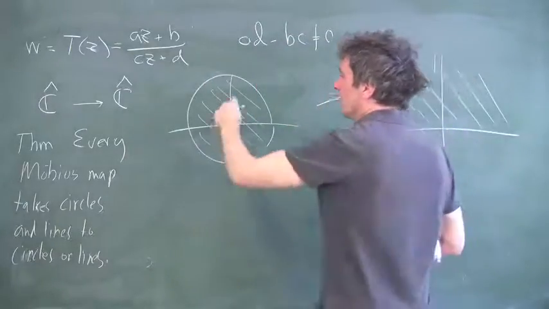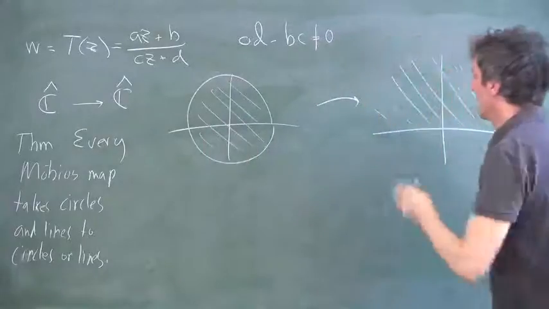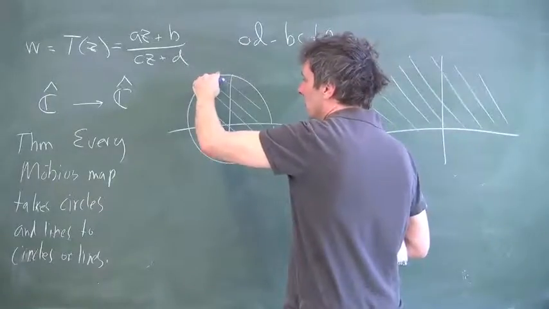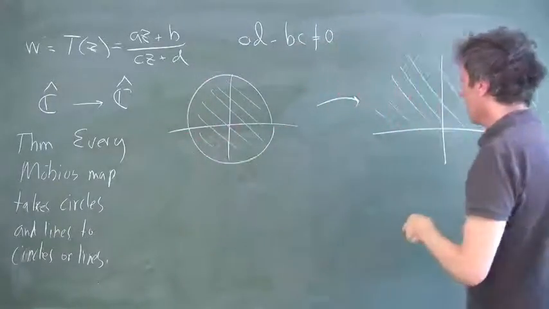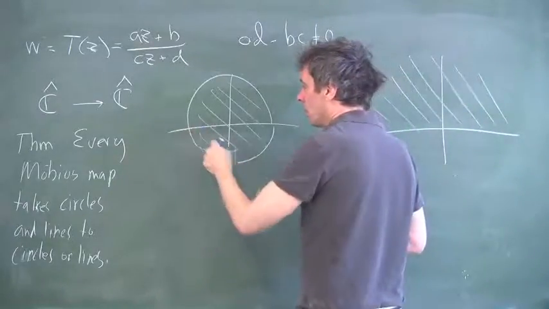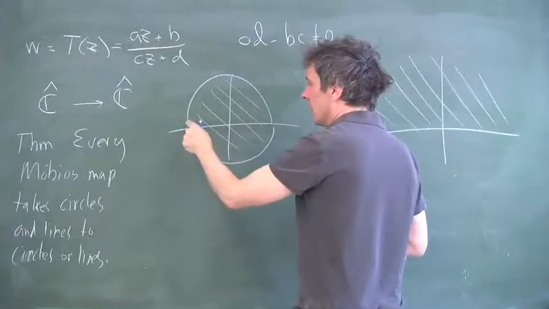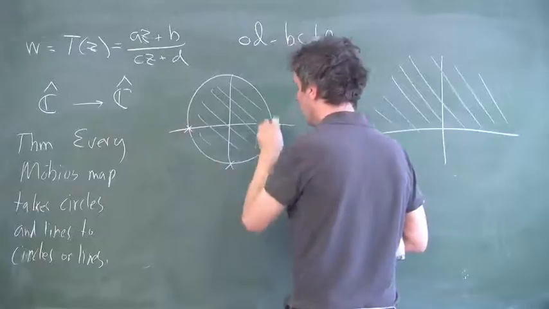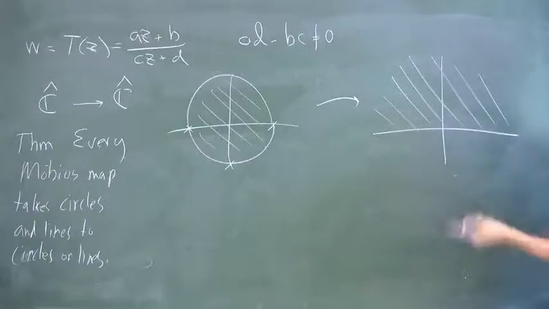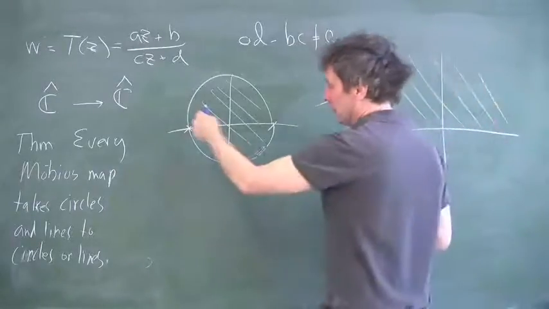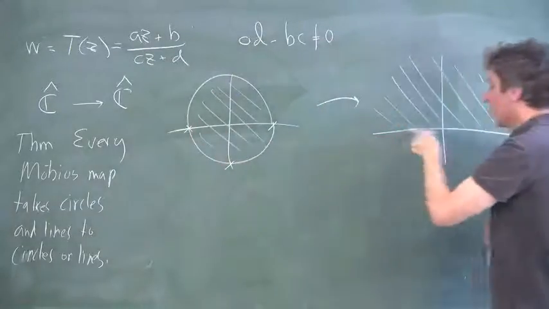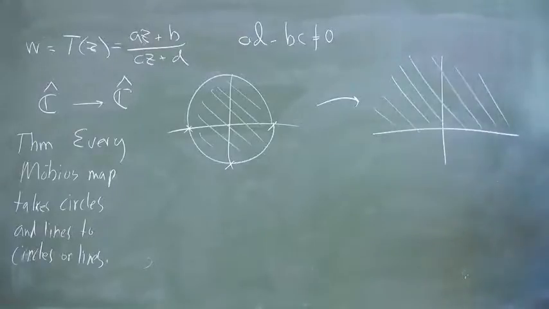So if we want to map this unit disk onto the upper half plane, then obviously we should map the boundary of the unit disk, that is the unit circle, onto the real axis. And so if we choose 3 points on the unit circle, for example, these 3 points, and map them onto 3 points on the real axis, then we can be sure that the corresponding Möbius map will take the whole circle onto the real axis.